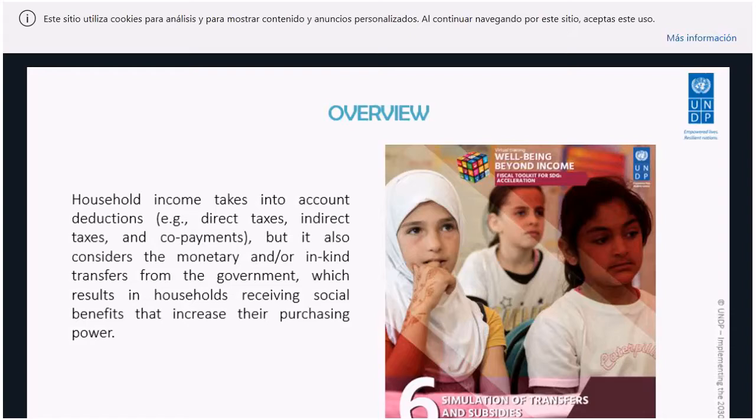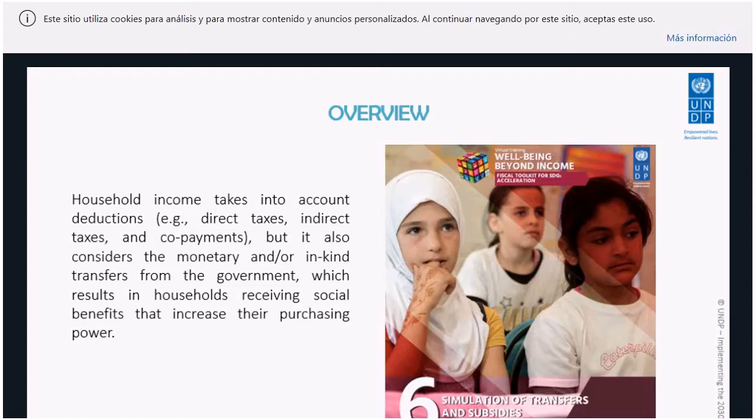So that is an exercise that can give us some extent of the effect of social transfers made in kind.